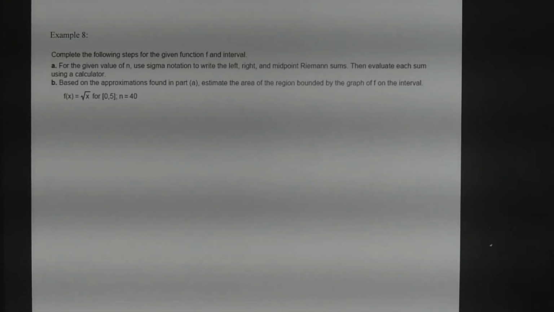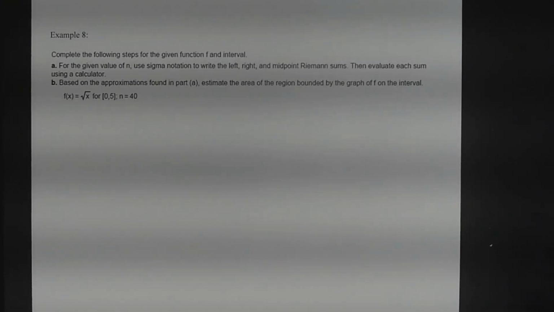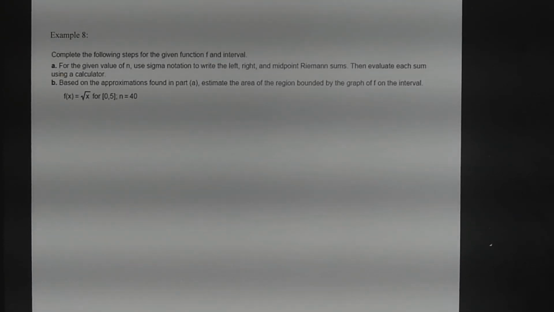Then evaluate each sum using a calculator. Part B, based on the approximations found in Part A, estimate the area of the region bounded by the graph of f on the interval.